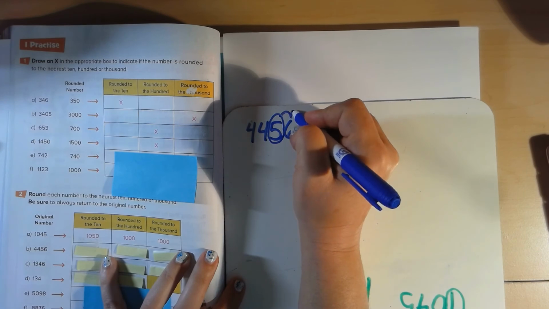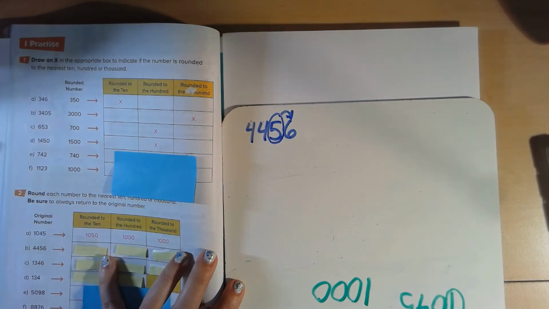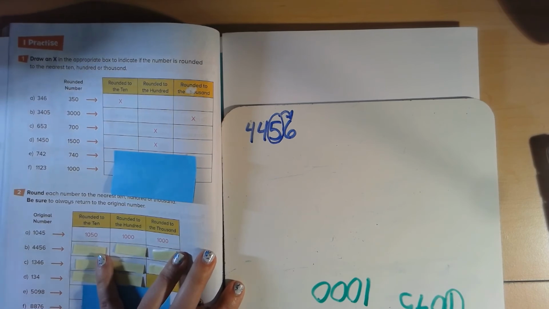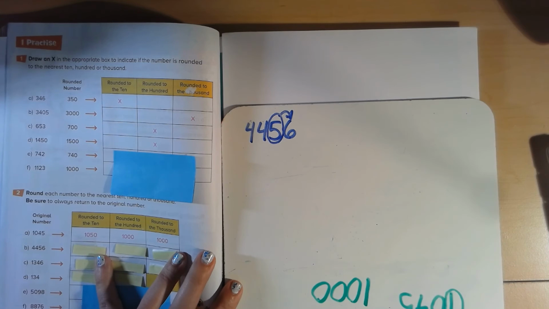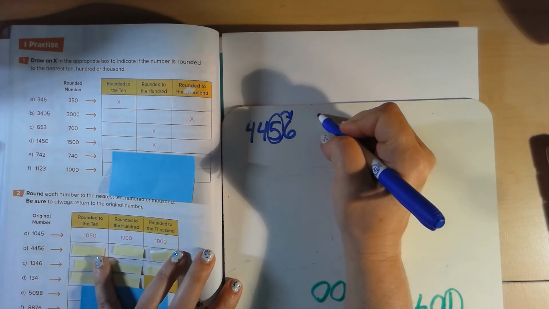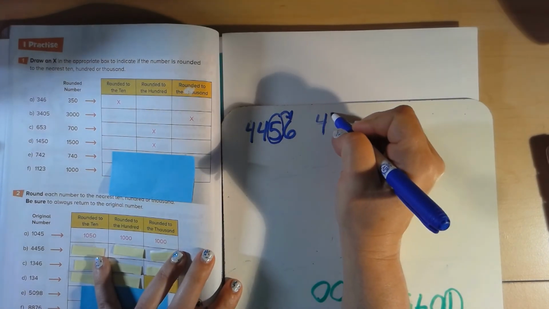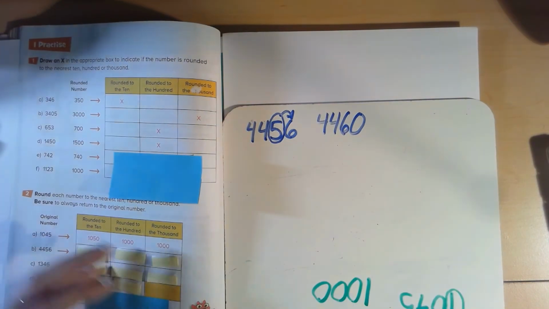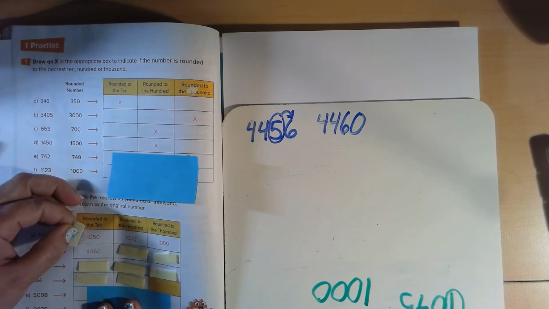I look to my right. Ooh, it's a 6. You have to ask yourself, do I round it up? Or do I keep the 5 the same? It's a 6. Well, 6 is greater than 5, so I'm going to round up. 4,460. You got it. Way to go.